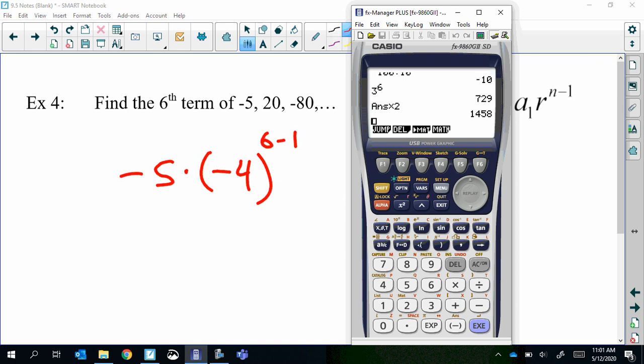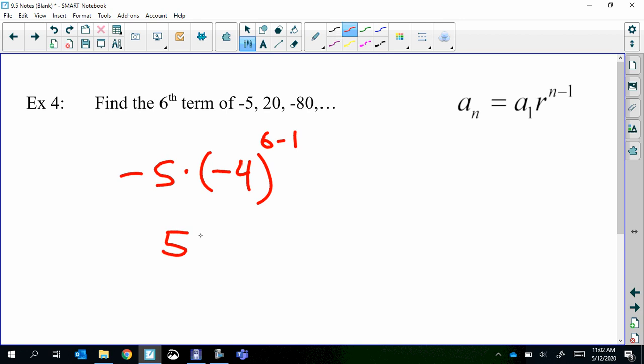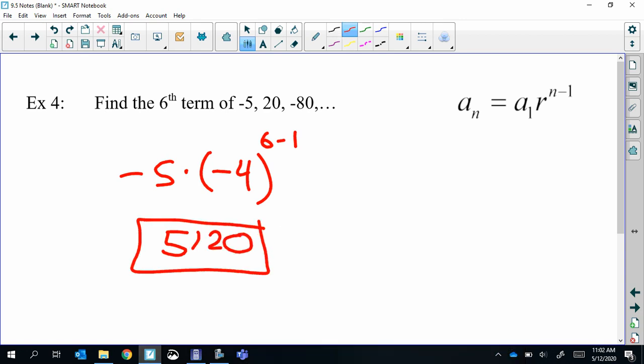Make sure we put our parentheses here, otherwise the calculator will not handle the negative correctly. Oops, not squared. To the 6 minus 1, so that's to the 5th power. And then multiply by negative 5. And we get 5,120.